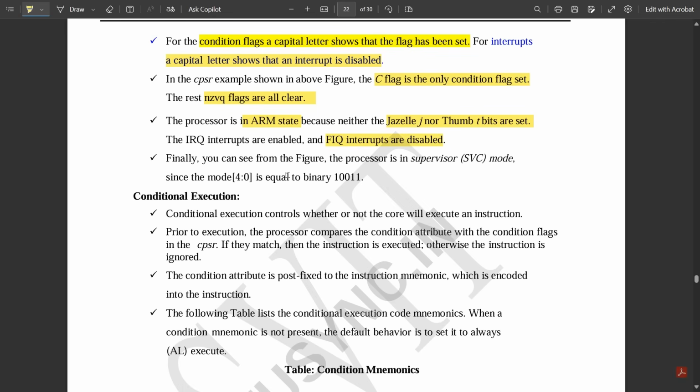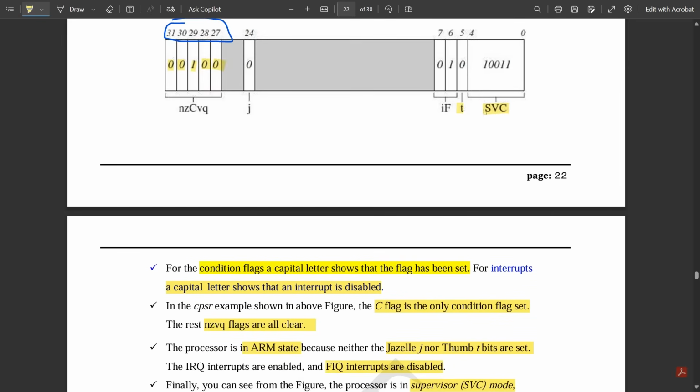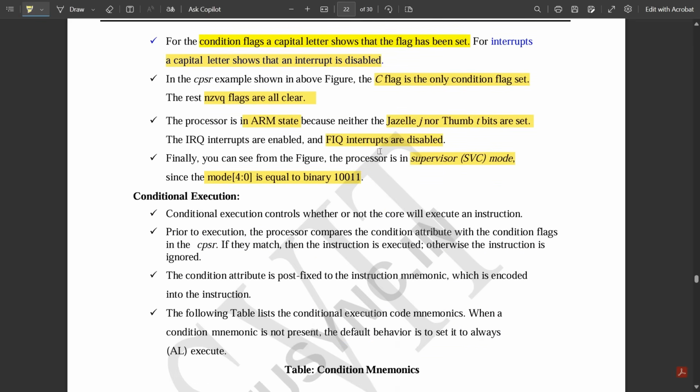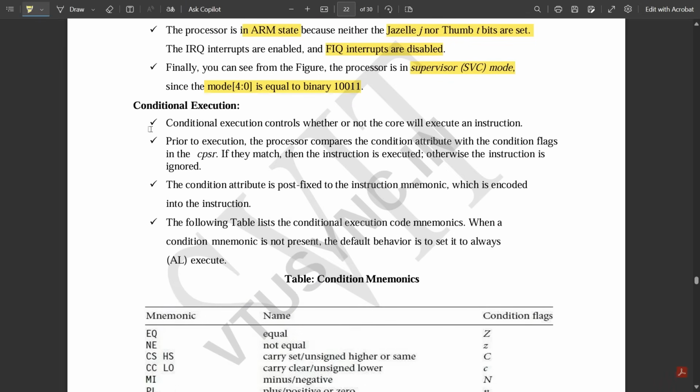Finally, you can see from the figure the processor is in supervisor mode, represented as SVC, since the mode bits 4 down to 0 are equal to binary 10011. Since it is a 5-bit mode, 10011 means supervisor mode.